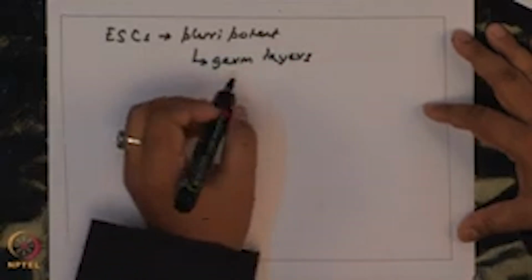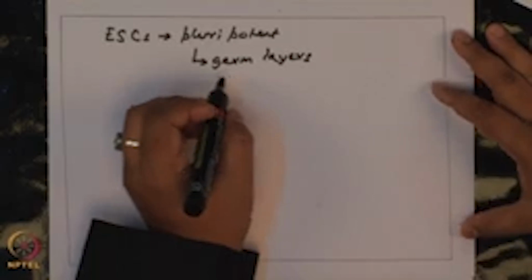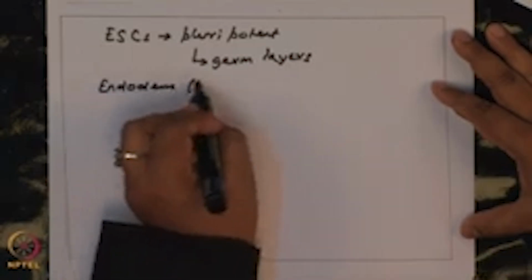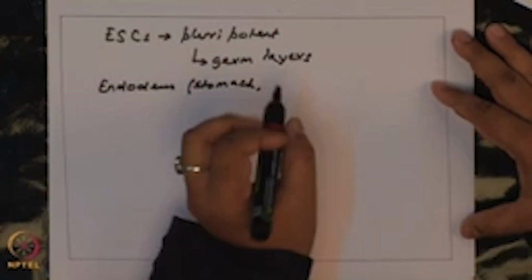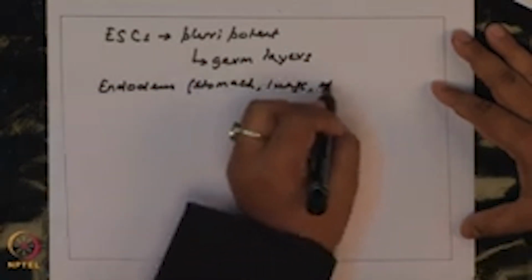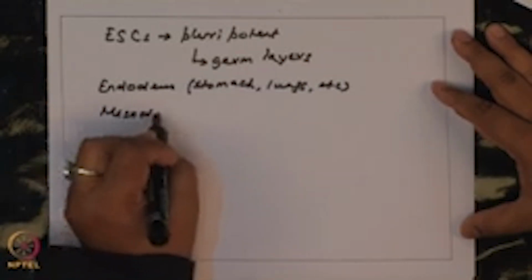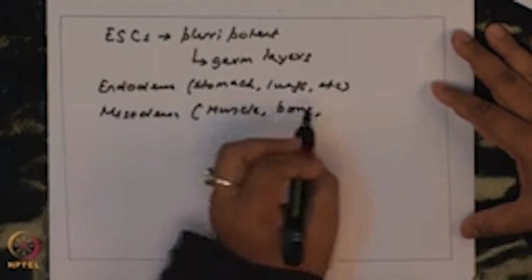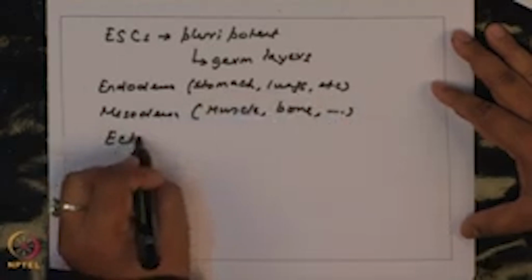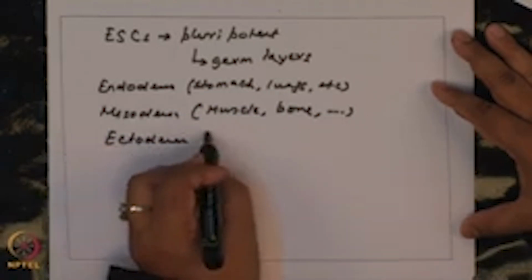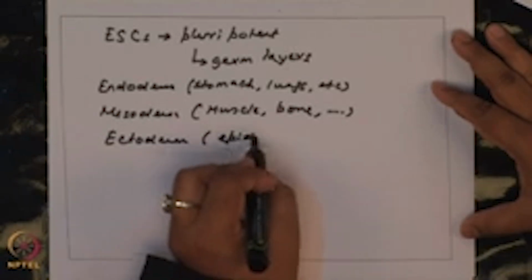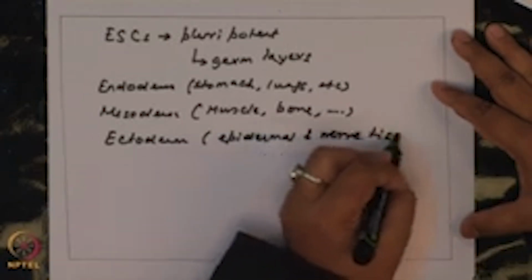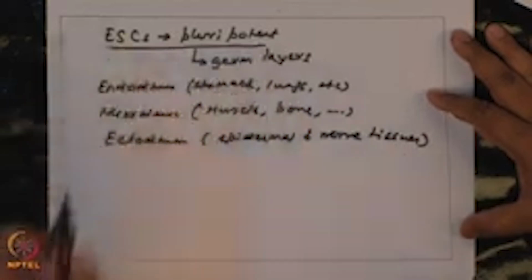They have the capacity to differentiate into cells of 3 germ layers, which are endoderm, that means stomach, lungs, etc.; mesoderm, which is muscle, bone, etc.; or ectoderm, which includes epidermal and nerve tissues. Okay. So, ESCs are pluripotent.